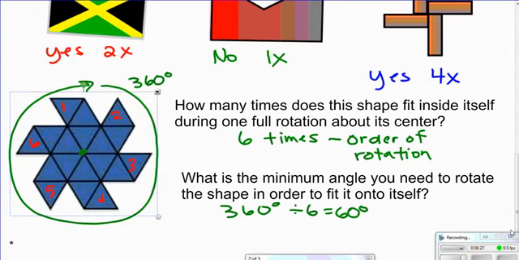And the angle of rotation is the smallest degree, or the minimum degree, needed to turn a shape so that it fits its outline. So this is the angle of rotation.